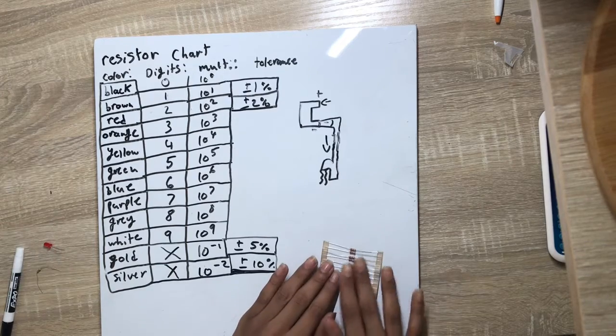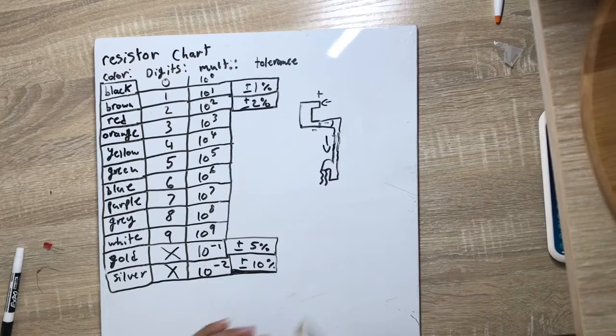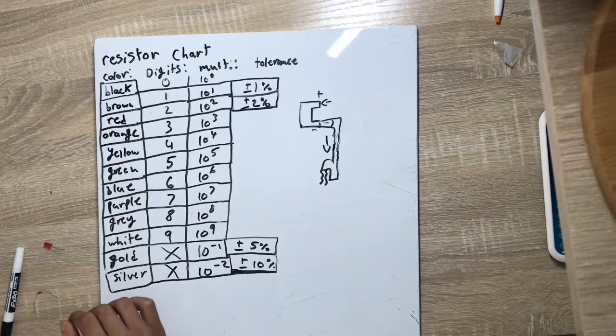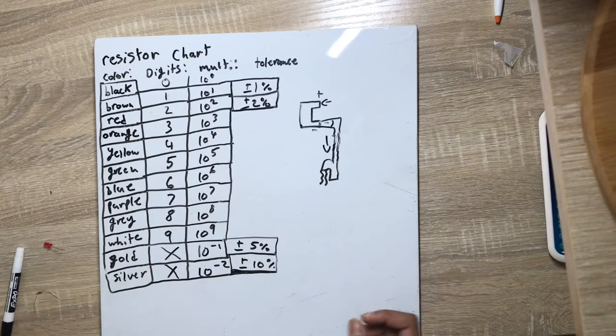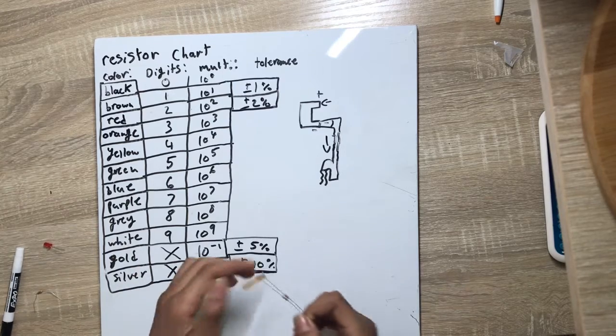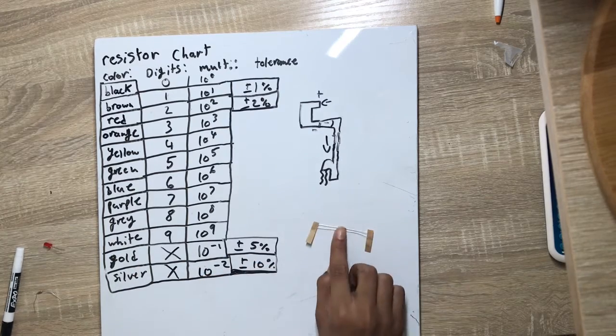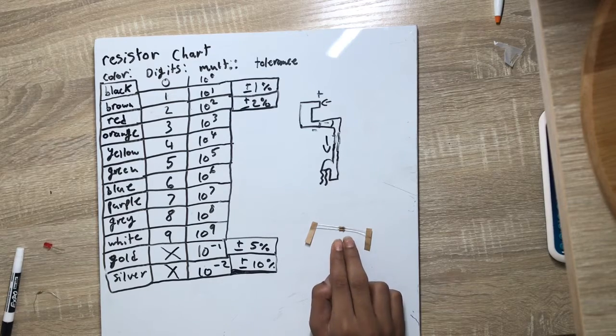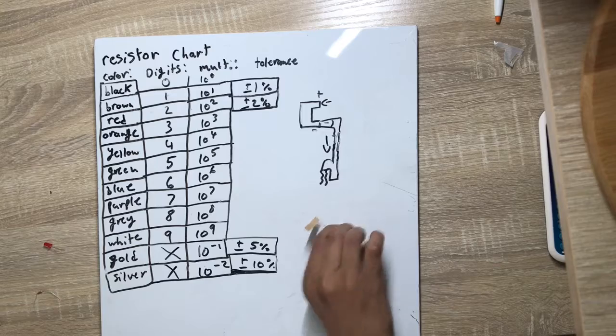So you can see we have these 10K resistors, we have these types of resistors, and there's so many more, right? There's 5-band resistors. But today we're going to be talking about these normal 4-banded ones. And we're going to talk about how to read them so you know exactly how many ohms of resistance there is.